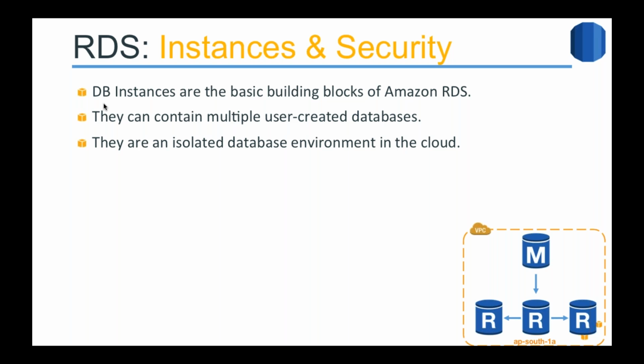Very typical of your on-premise setup. If you have an IBM server or an Intel server running for database purposes, and you have installed MySQL or Oracle, you can have multiple databases installed.